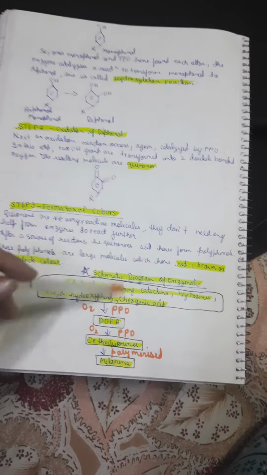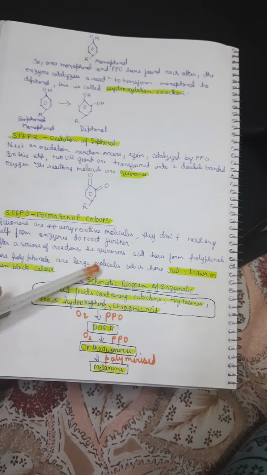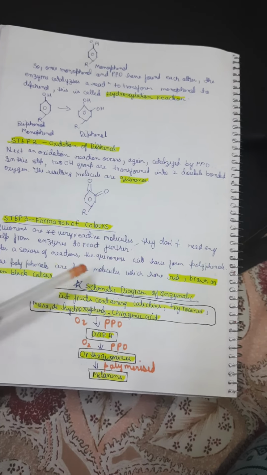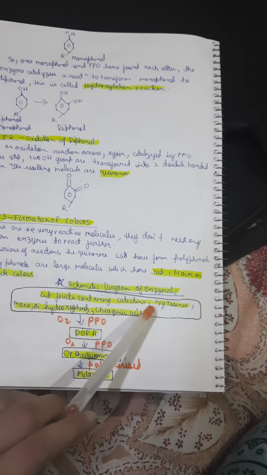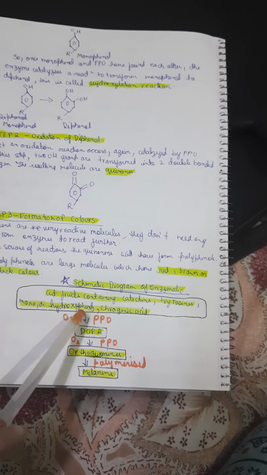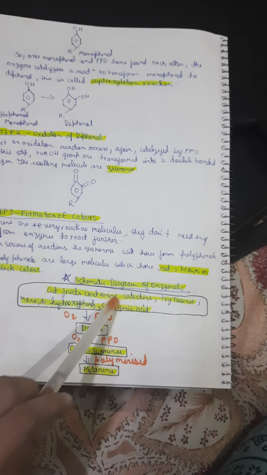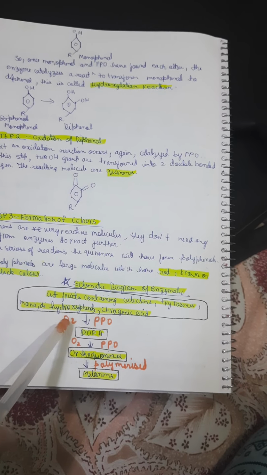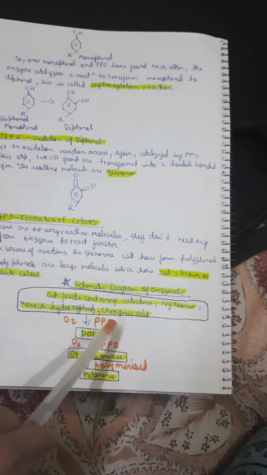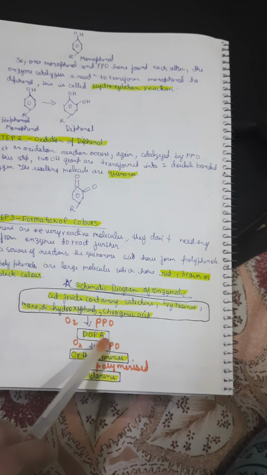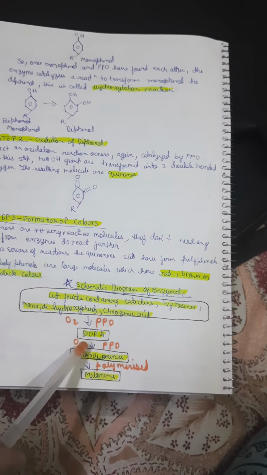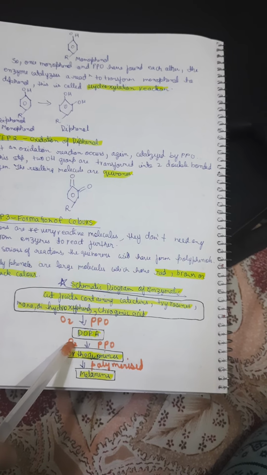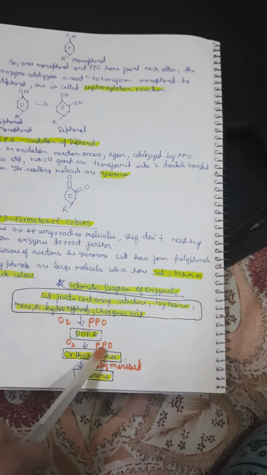Now you can explain the whole lengthy procedure in short. If you want to explain it to anybody, you can say: cut fruits containing catechins, tyrosine, monodihydroxyphenol, or chlorogenic acid. These are fruits containing these substrates. In the presence of oxygen, that is air, and PPO, they get converted to DOPA, and this DOPA further, in the presence of oxygen or air and PPO, gets converted to orthoquinones.